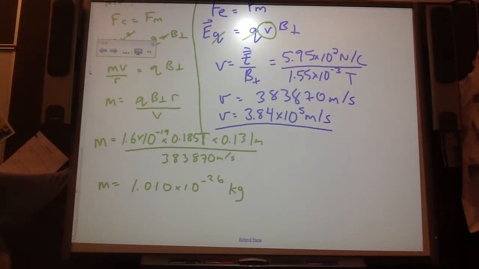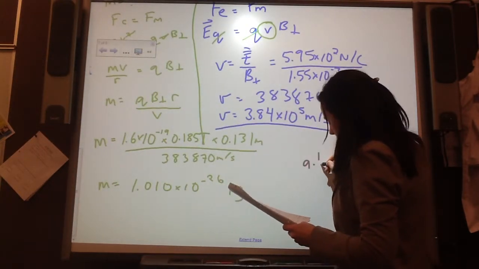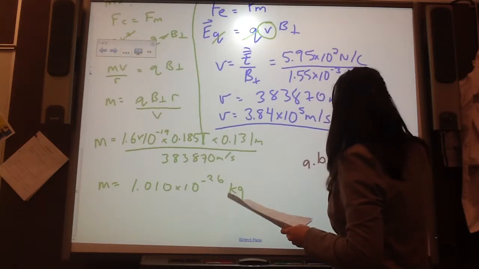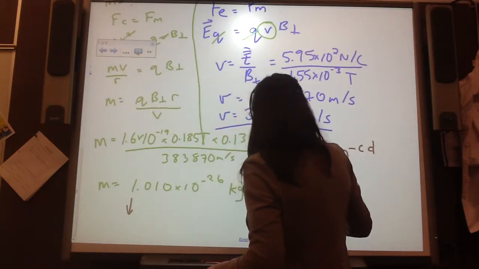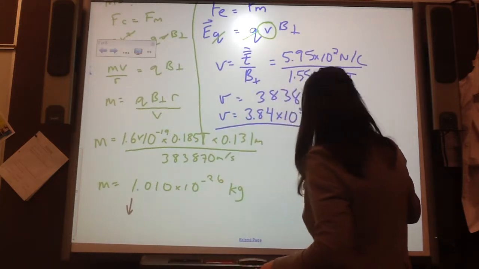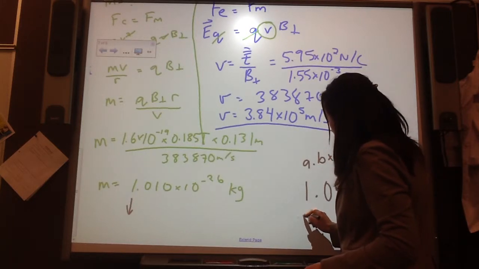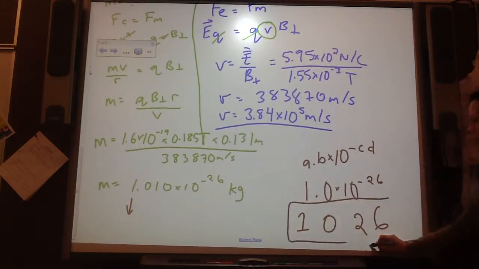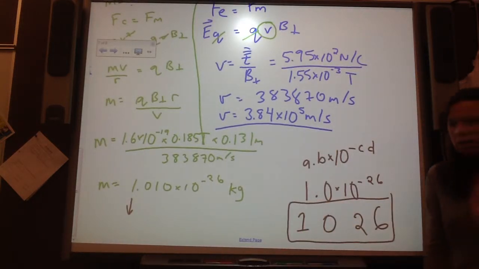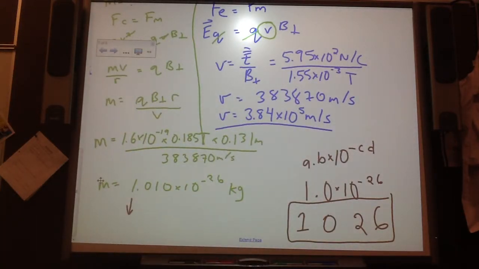Now, it asks us to put in A point B times 10 to the power of negative CD. So then our answer would be 1.0 times 10 to the negative 26. So A is 1, B is 0, C and D are 2 and 6. So your numerical response answer is 1026. Pardon me? The mass of lithium ion beam 1 expressed in scientific notation.